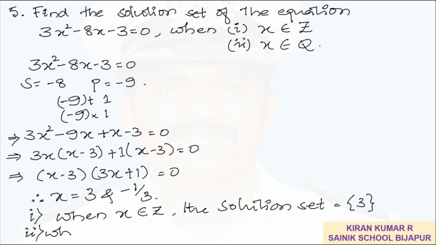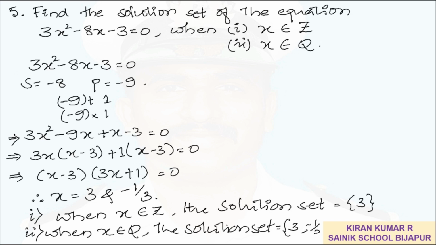Second, when x belongs to the set of rational numbers, the solution set is 3 as well as negative 1 by 3. The reason is 3 and negative 1 by 3 both are rational numbers. In the first set, we have taken only 3. The reason is 3 is the only integer among the two roots we obtained.